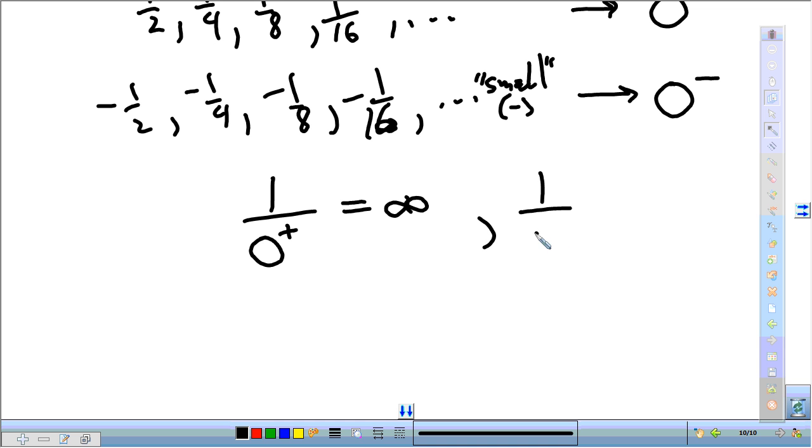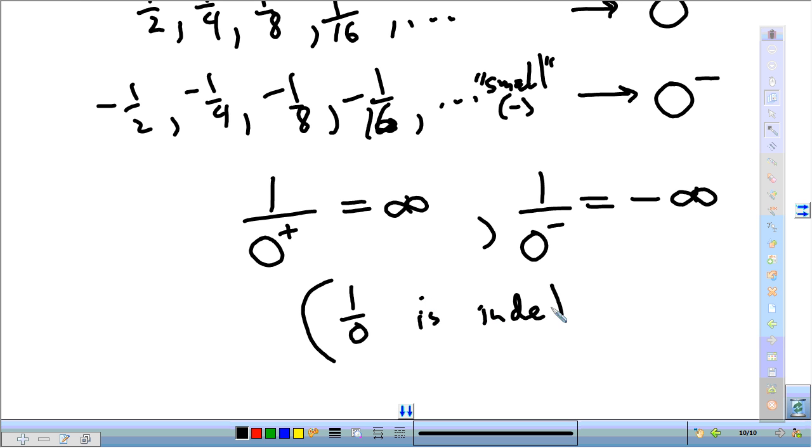The reciprocal of zero, if everything is negative, will be minus infinity. And 1 over 0, though, if we don't make the stipulation, we can't tell. So it will have to remain undefined.